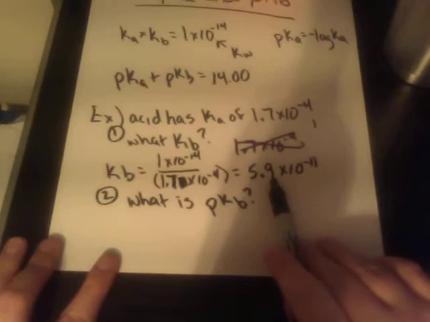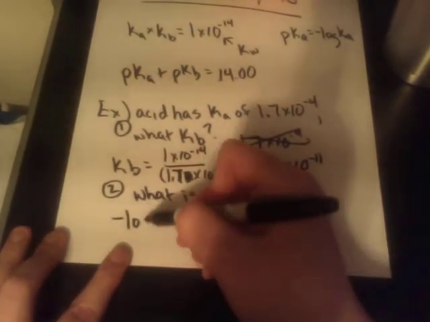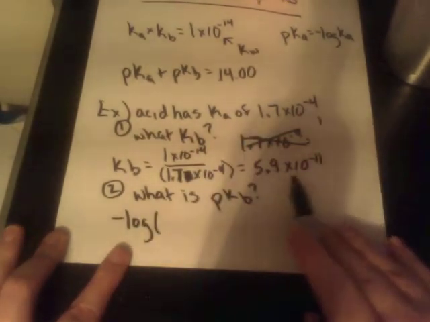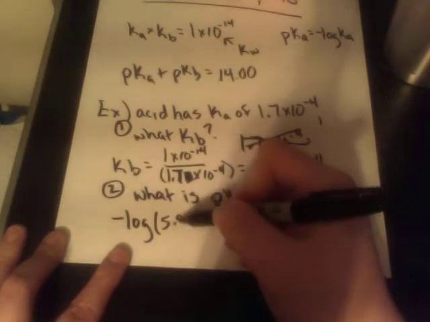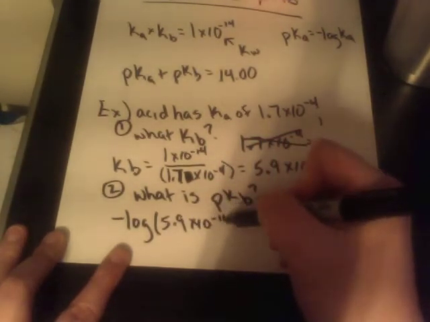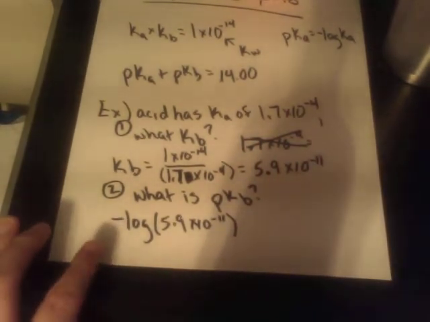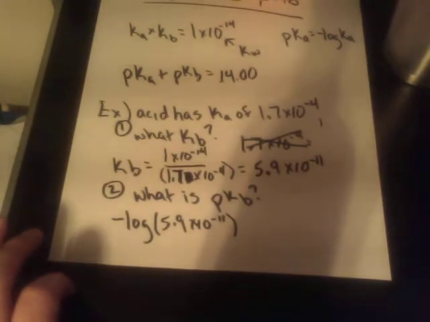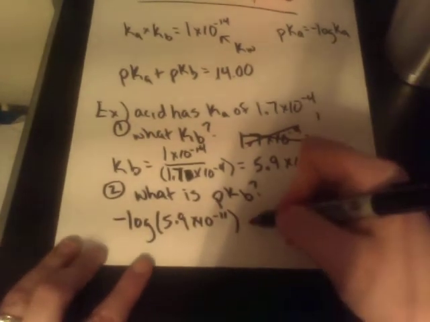I would take my K sub B and say negative log of 5.9 times 10 to the negative 11. So let's do that in our calculator here, and I got 10.23.